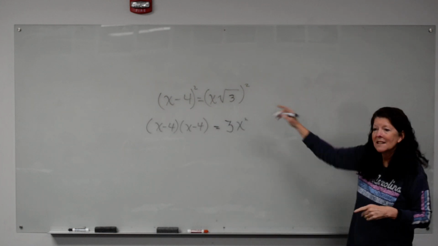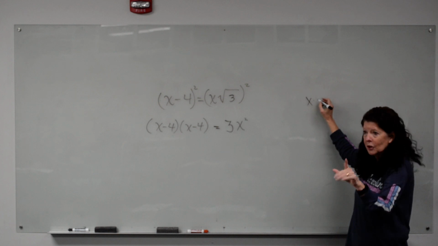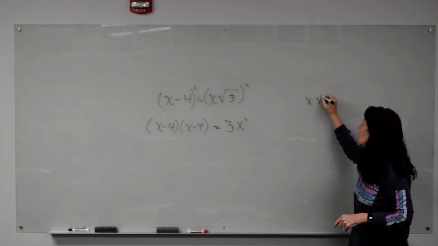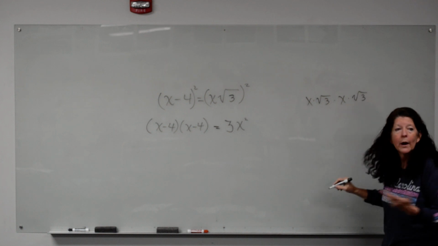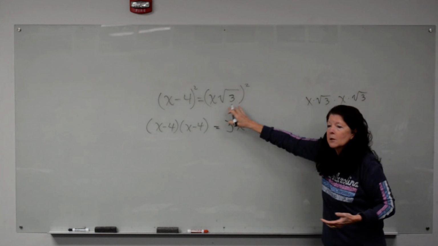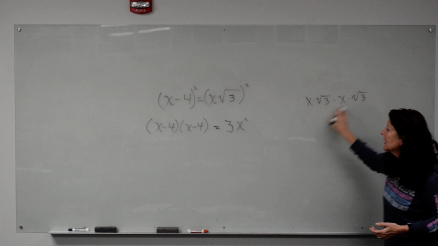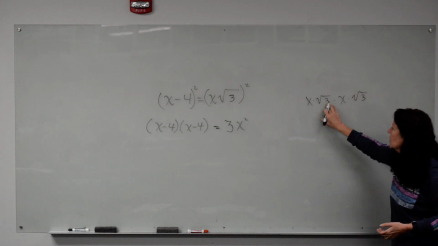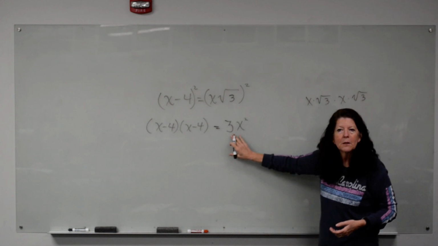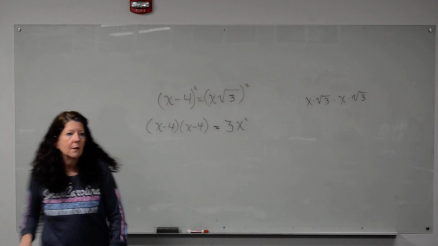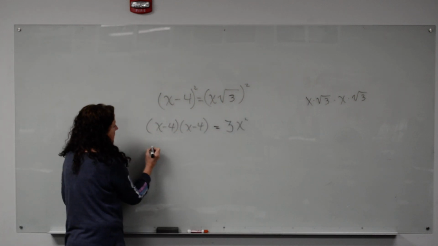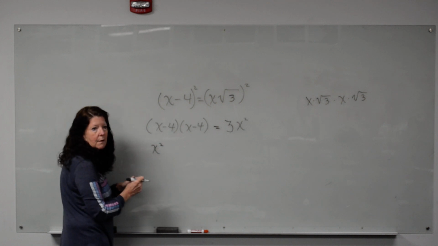If you're confused, I'm squaring both, right? I'm taking this and I'm multiplying it by itself. So x times x is my x squared. Square root of 3 times square root of 3 is my 3. Okay, you with me? All right, now I got to do FOIL on this side. First, x times x, x squared.